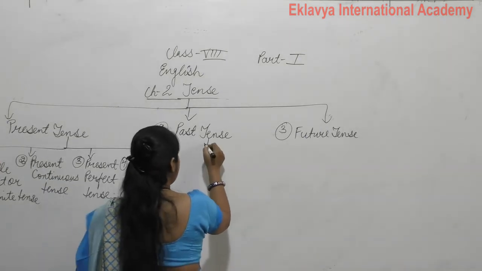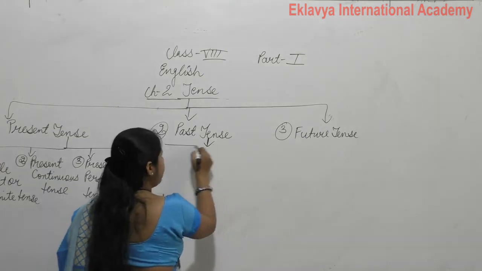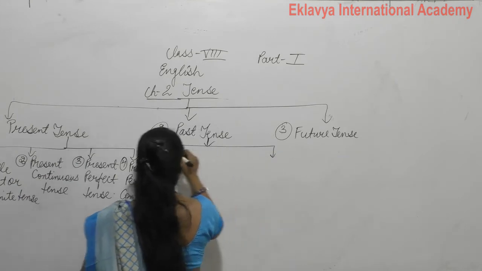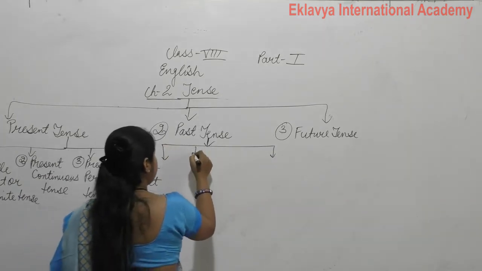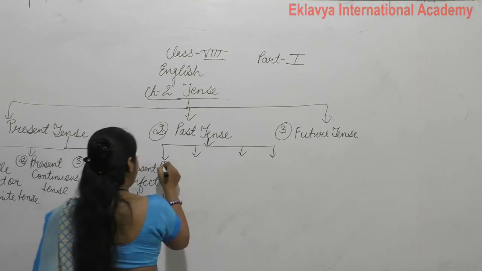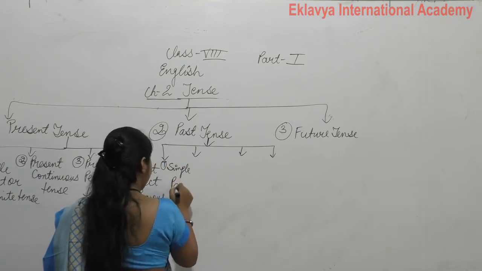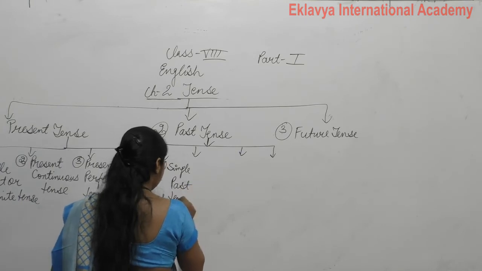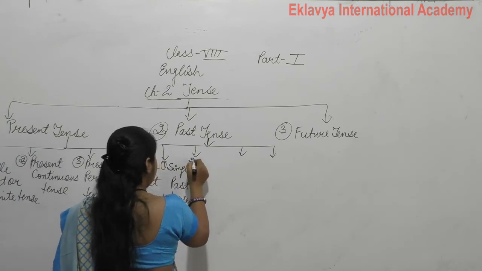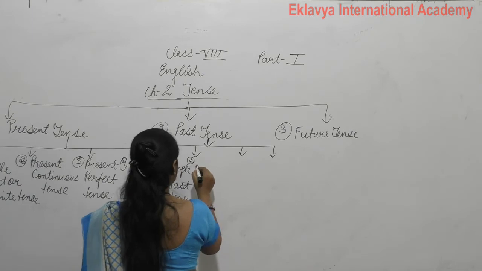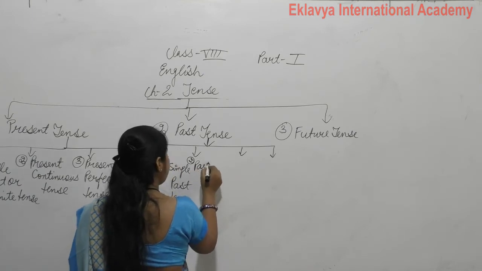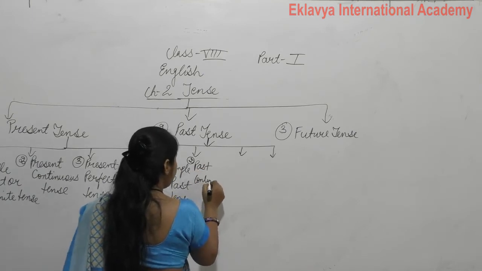Now same as this, past tense is also divided into four parts. First is our simple past tense, and second is our past continuous tense.